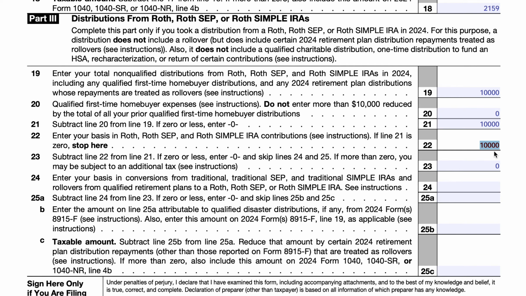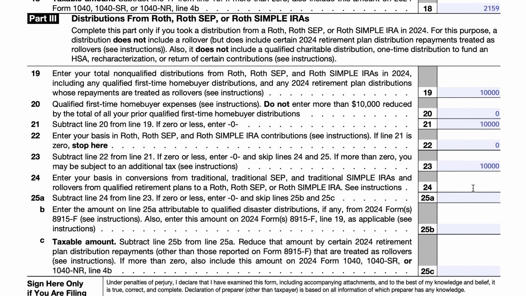So if you have basis here that exceeds the amount of your distributions, then you're not going to pay tax on that. Let's just say that the basis was zero. So now we have $10,000 of a non-qualified distribution, and we got to figure out what to do with. Now, in line 24, we're going to enter the basis on any Roth conversions. So if you never made a Roth conversion, the basis would be zero.